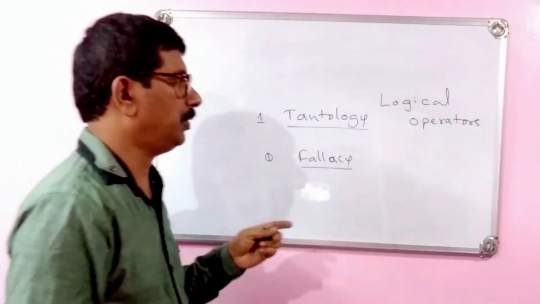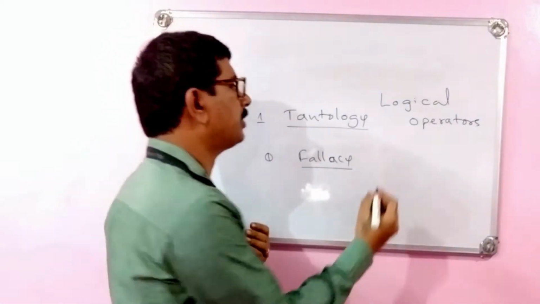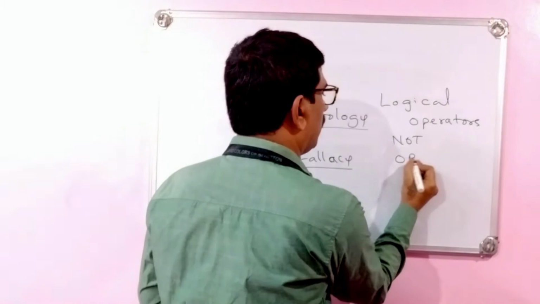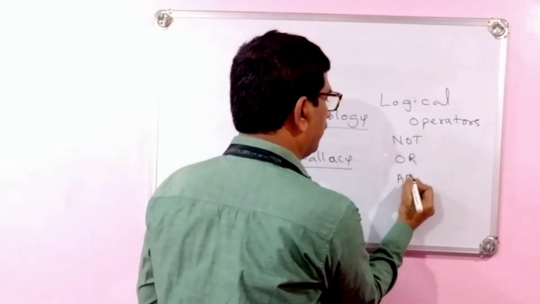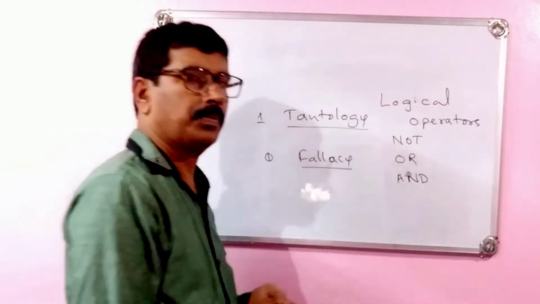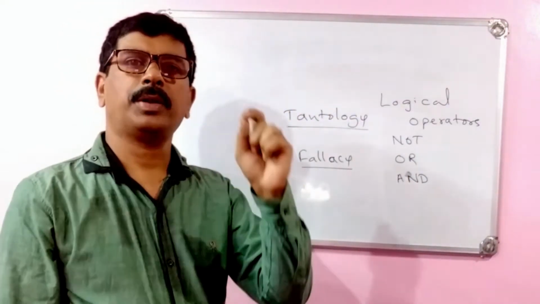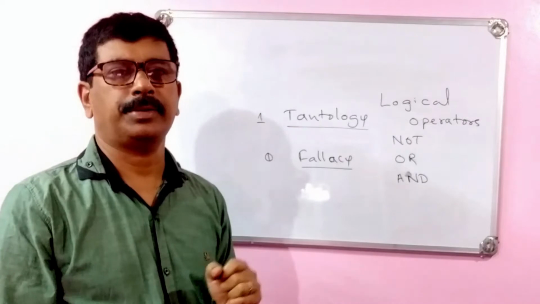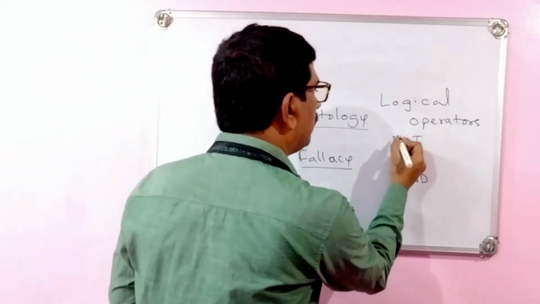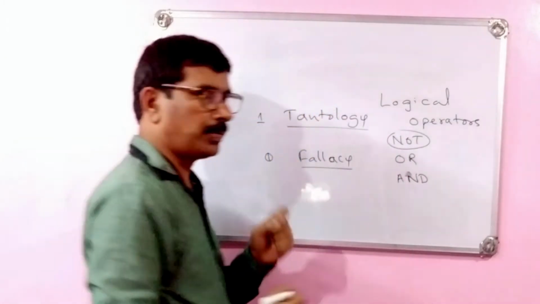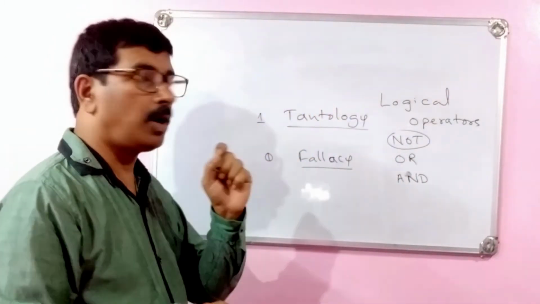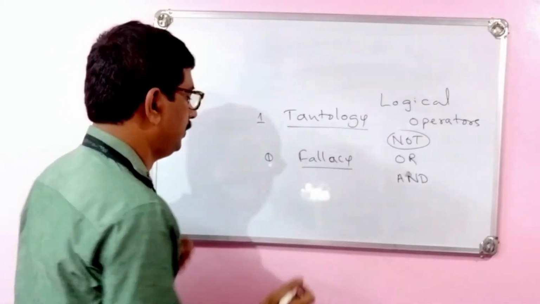As you already know, in the last class we have seen there are 3 logical operators: not, or, and. And this not operator is called a unary operator, since it works on only one operand or only one value.